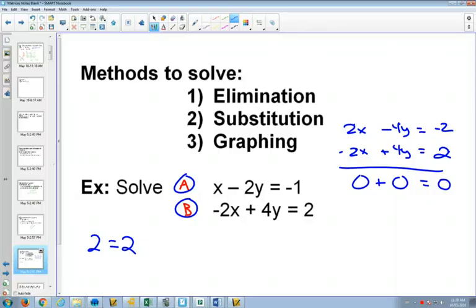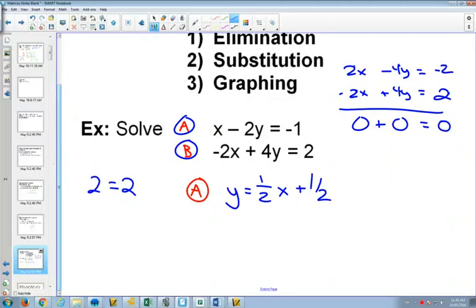In which case, if I take equation A and I rearrange it to y equals mx plus b, I'm going to get y equals 1/2 x plus 1/2. And equation B, if I rearrange it, I'll originally get y equals 2 over 4x plus 2 over 4. And I hope you can see that that simplifies to be exactly the same thing.